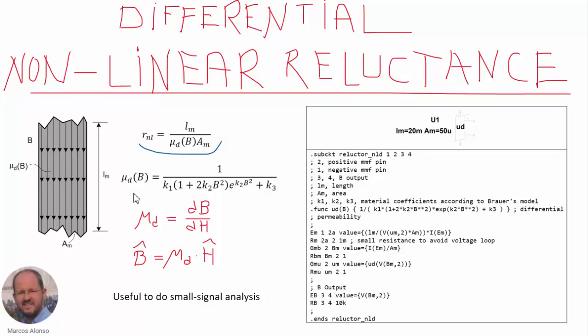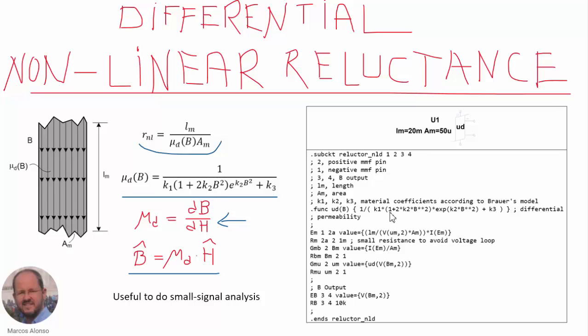In order to obtain the differential permeability, we use this expression here, which is obtained from the Brouwer's fitting. The differential permeability corresponds to these expressions, which is the derivative of the magnetic flux density with respect to the magnetic field intensity. So we can say that the perturbations of the magnetic flux density are given by the differential permeability times the perturbation of the magnetic field intensity.